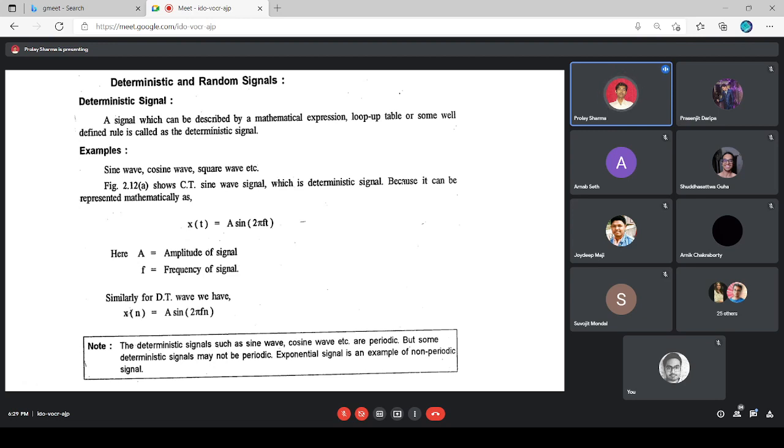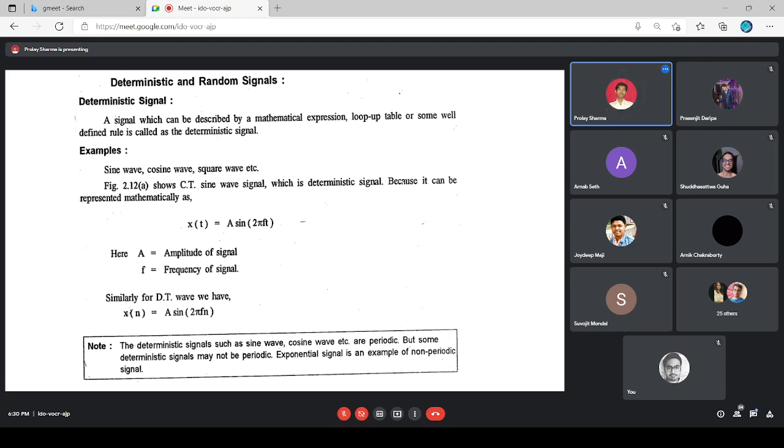Now, the next classification is deterministic signal and non-deterministic signal. By name, we can understand that deterministic means the signal has a definite shape. The signal has some definite mathematical equation.